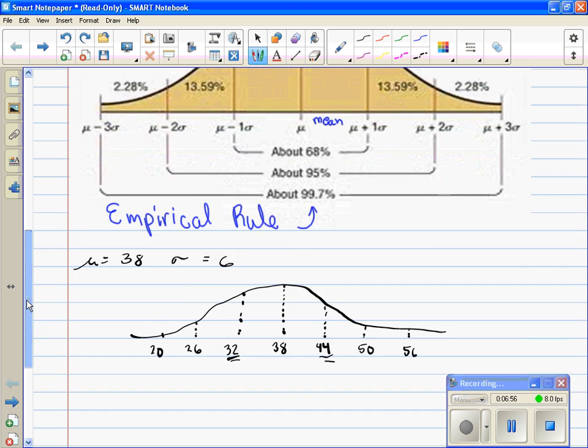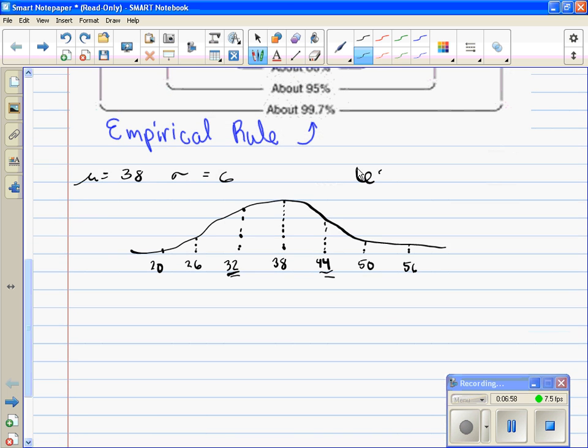Now, our job is to figure out how many students are less than 50 inches tall. Can you see how you're really asking about this piece of the graph?